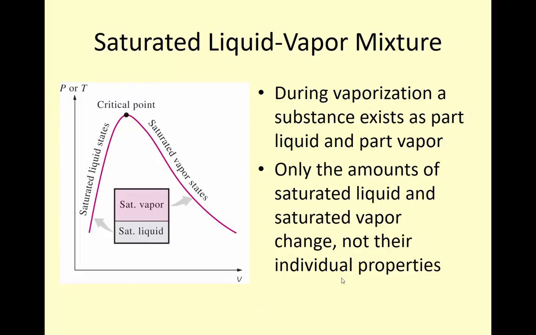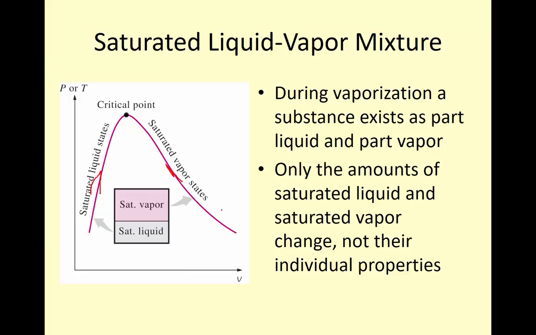What gets a little bit more complicated is that up until this point, we've only looked at things when they were either on the saturated liquid line or the saturated vapor line.